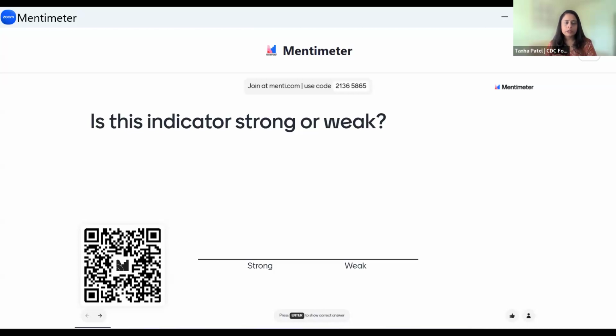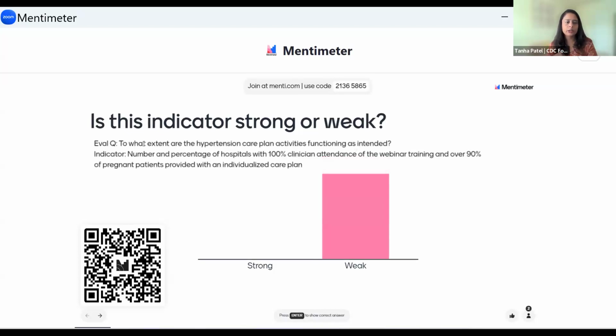If you are not seeing the pop-up window, you can still participate by following the QR code or the numeric code that is included in the middle of the screen. If you are using the pop-up, you can drag it around and make it bigger if you need. So let's go ahead and get started. If you're having issues, type it in the chat and Joy and Haley will help us troubleshoot.